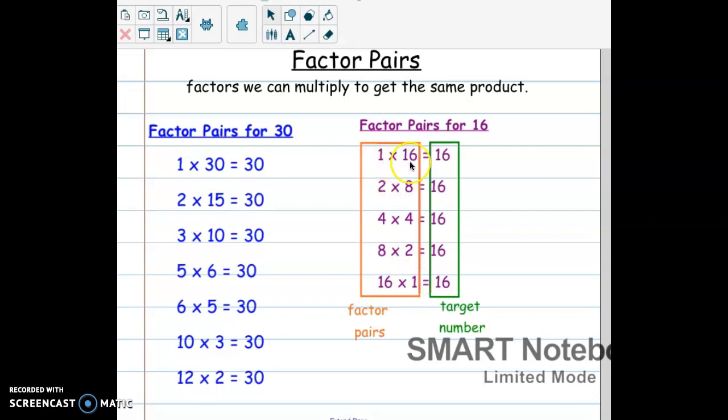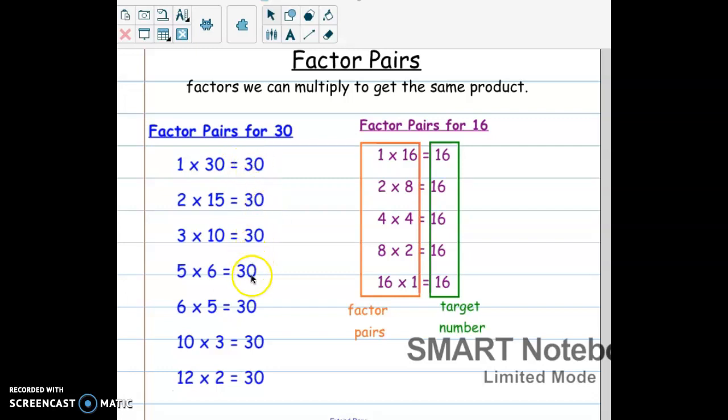So 1 times 16 is a factor pair for 16. 2 times 8 is also a factor pair for 16. 4 times 4 is another factor pair for 16, as well as the turnaround facts from above. Here's another list of factor pairs for 30.